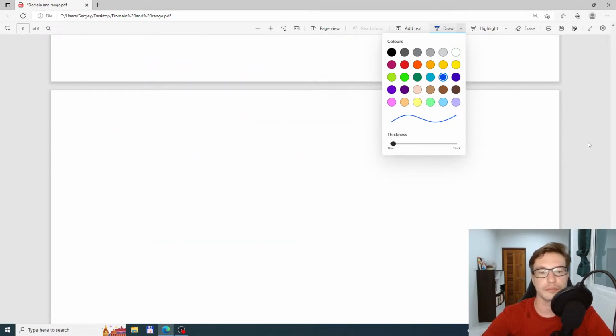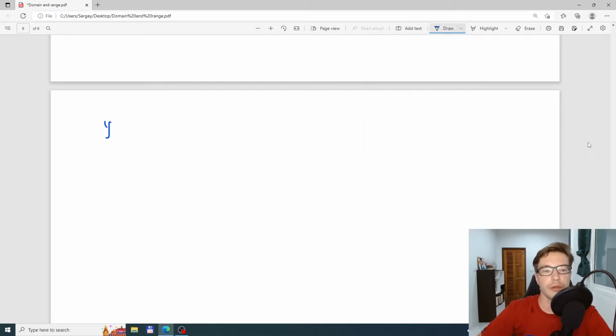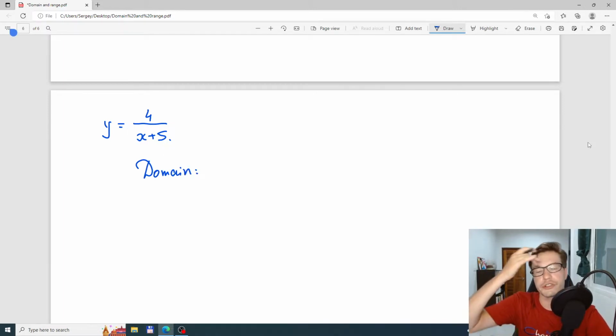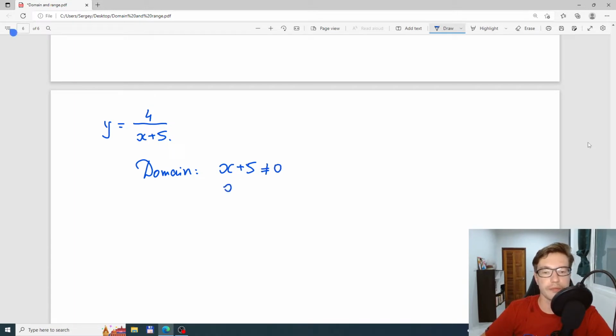Rational function y equals 4 over x plus 5. Starting with the domain. Are there any restrictions on the input values? Yes, you cannot divide by 0, so it means x plus 5 cannot be equal to 0, or x is not equal to -5.